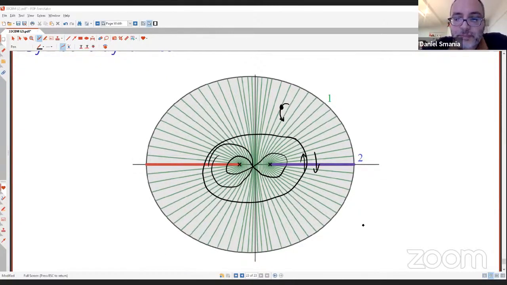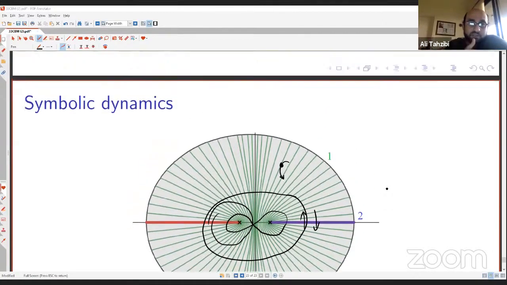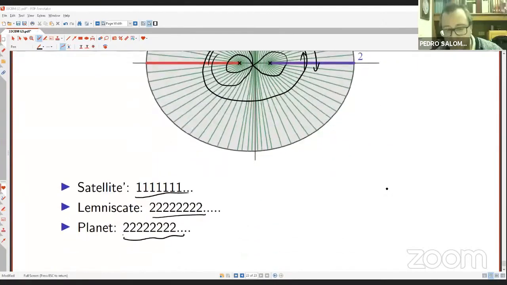So Pedro, in this last slide, when you talk about symbolic dynamics, I remember the restricted three-body problem also, that sometimes I have seen this symbolic. So here, first of all, do you have all of the symbols, all of the sequences appear? As you said, you mean full shift.